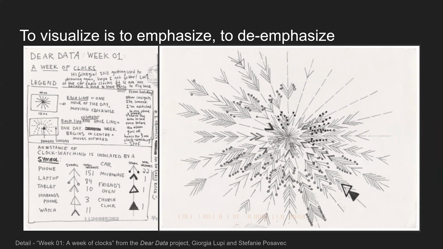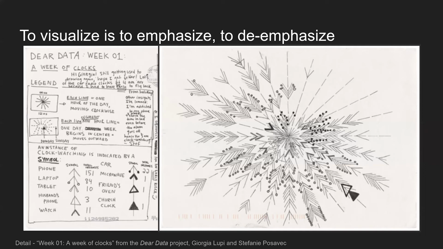It's two graphic artists that sent each other a year's worth of postcards, 52 postcards, one a week, where they measured various different things. And what's happening on the right, based on this key at the bottom left, is that there are 24 hours in a day.